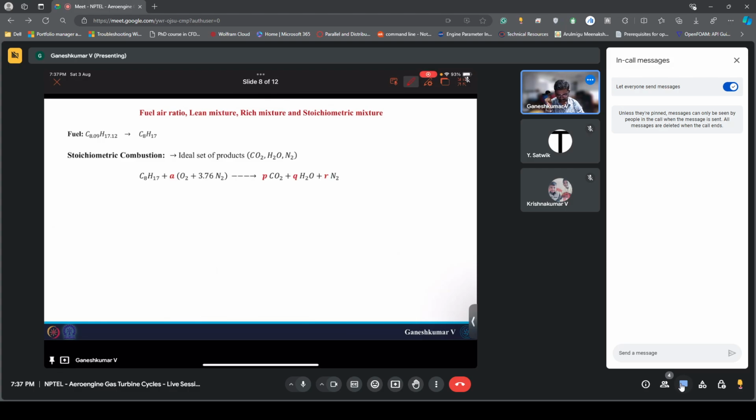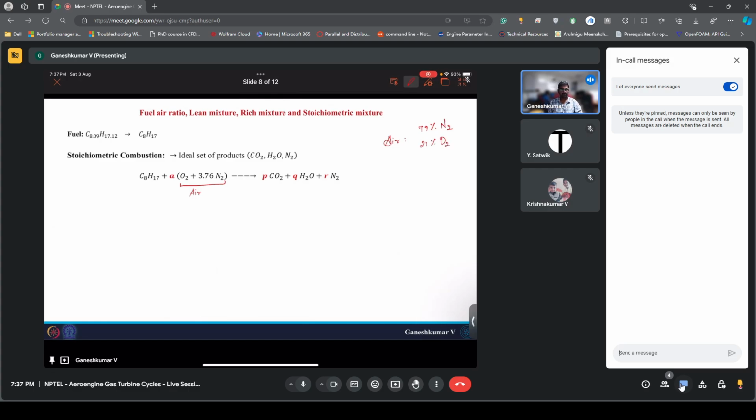So if I want to write this in terms of an equation, which we already studied, it's going to be C8H17 plus A times (O2 plus 3.76 N2). The reason why I wrote it like this is air. Okay, so the air has around 79% of nitrogen and 21% of oxygen.